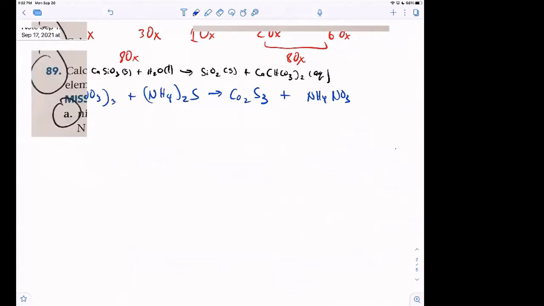So I could go ahead and put a 2 here. Likewise with the sulfur, the ammonium sulfide on the left has 1 sulfur, and the cobalt sulfide on the right has 3 sulfurs. I can go ahead and put a 3 here. And then that's balanced.